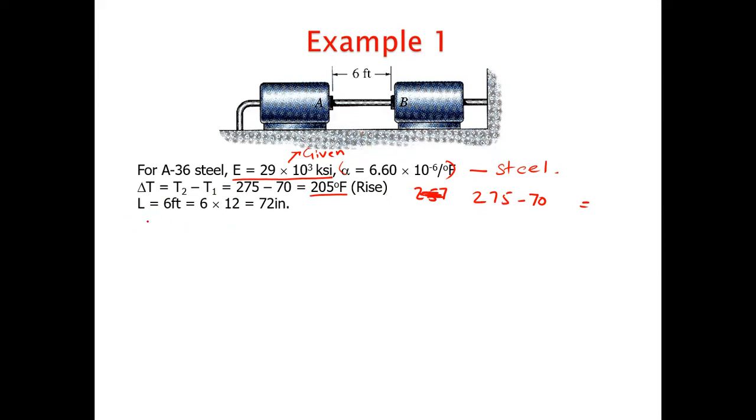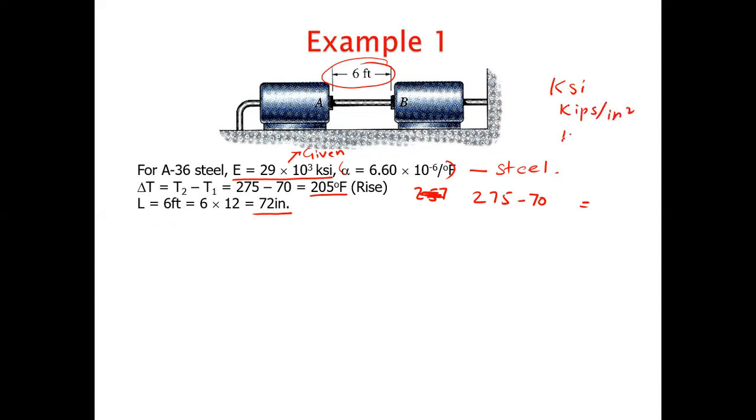The length of the pipe is 6 feet, so 6 into 12 equals 72 inch. Why are we keeping it in inch? Because E is in KSI. What does KSI mean? Kip per inch square.